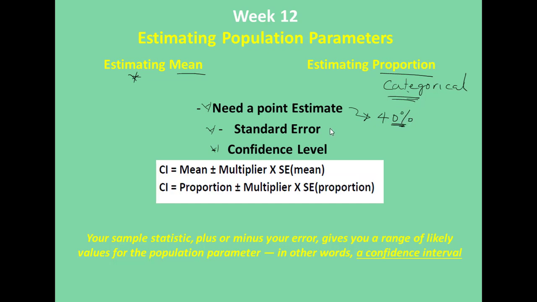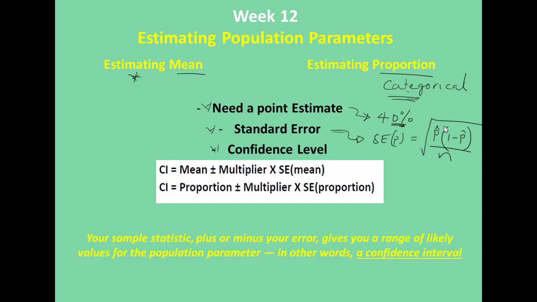The standard error is more or less akin to a standard deviation, but it applies to samples. For the proportion, the formula that we'll look at in the next few slides is: the standard error of proportion equals the square root of p hat times 1 minus p hat over n.